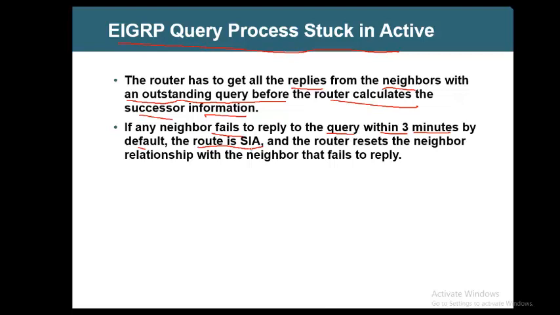It does not have a valid route; it is looking for a valid route. So if the query's reply does not come in 3 minutes, the router resets the neighbor relationship itself. That's the problem here. If the router resets a neighbor, the impact will be all over the network.